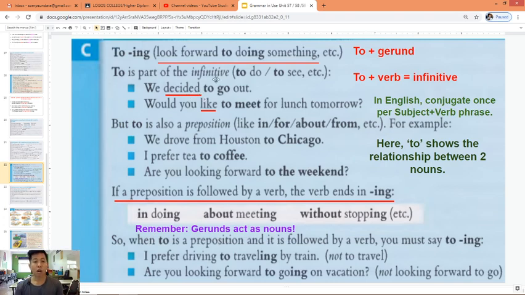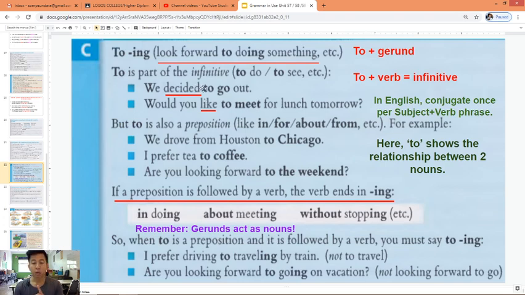Therefore, you don't conjugate the next verb. We have to use the infinitive, to go. Same thing in the example here: Would you like to meet for lunch tomorrow? The verb like: I like, you like, he, she, it likes. It's already conjugated one time, so we must use the infinitive of the verb.